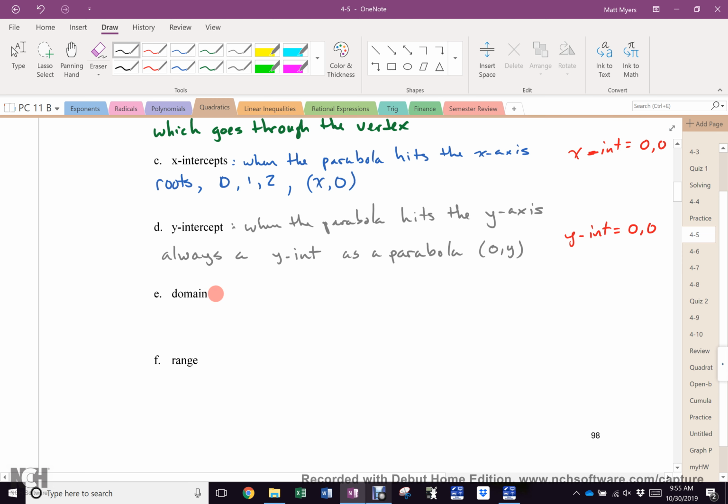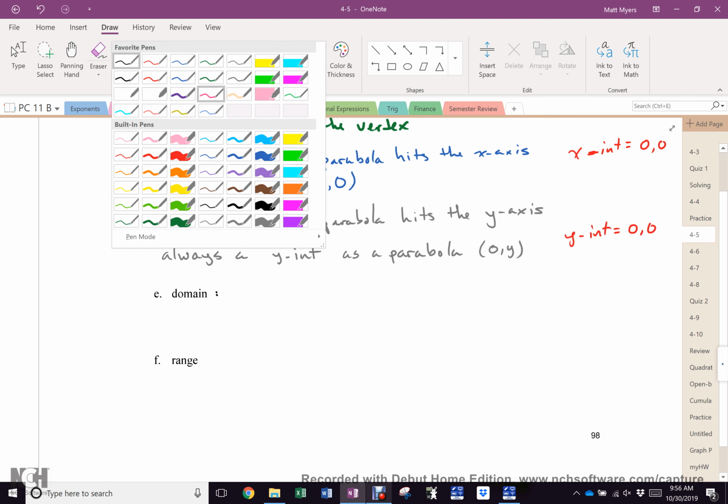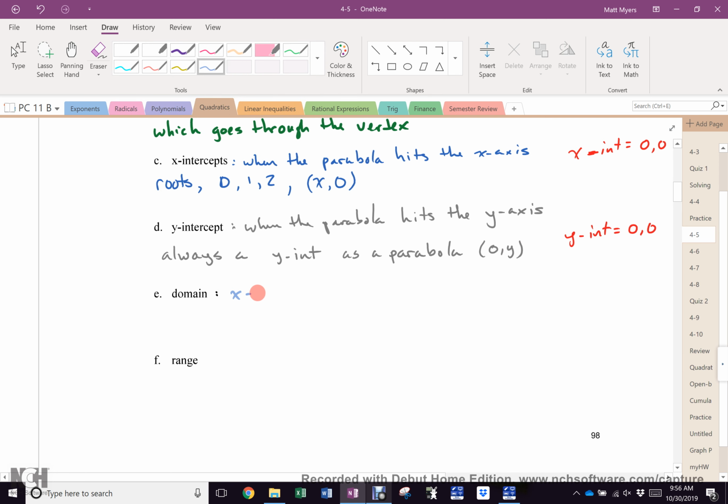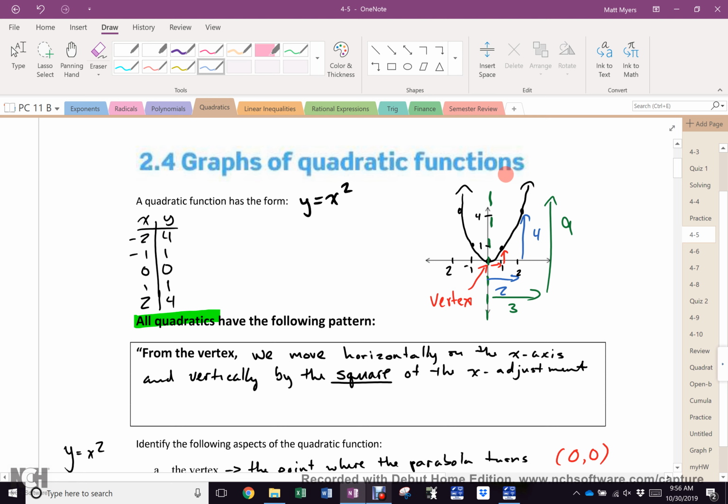The domain. The domain are the x values, yes? If your parabola is a vertical parabola like we are studying right now, what is its domain of the parabola? Not of a real life relation, of the parabola. Look at the graph. What's going to happen with this line as I go further and further up? What's going to happen to this distance? It's going to spread out, right?